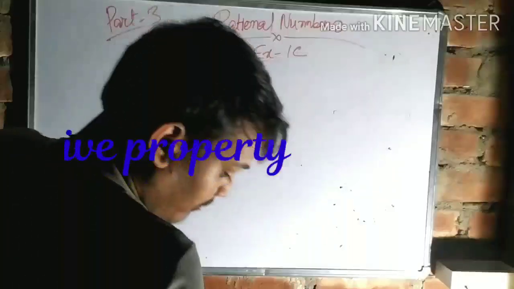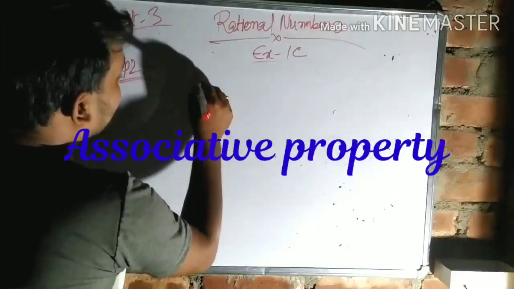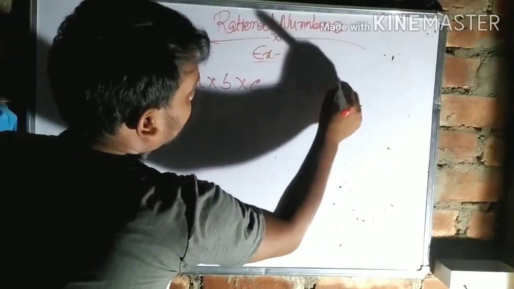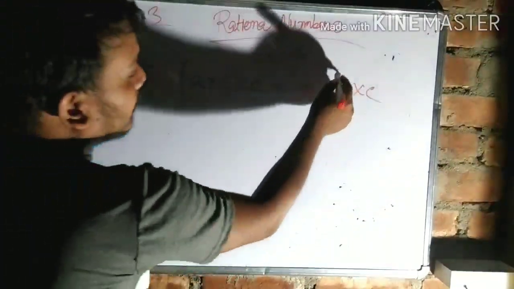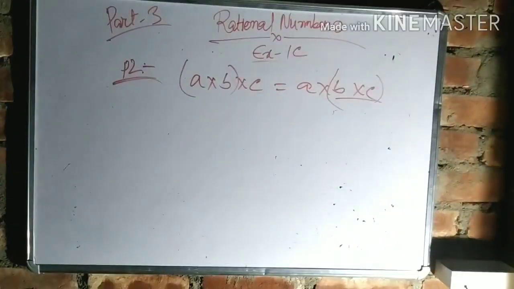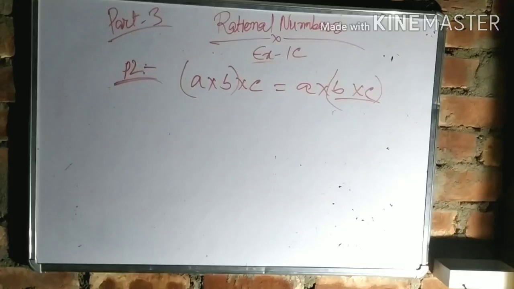Next, the associative property. I already told you, a, b, c. If we put the bracket on the first two numbers in the first case, and on the last two numbers in the second case, and the result is the same, then we say that multiplication is associative.